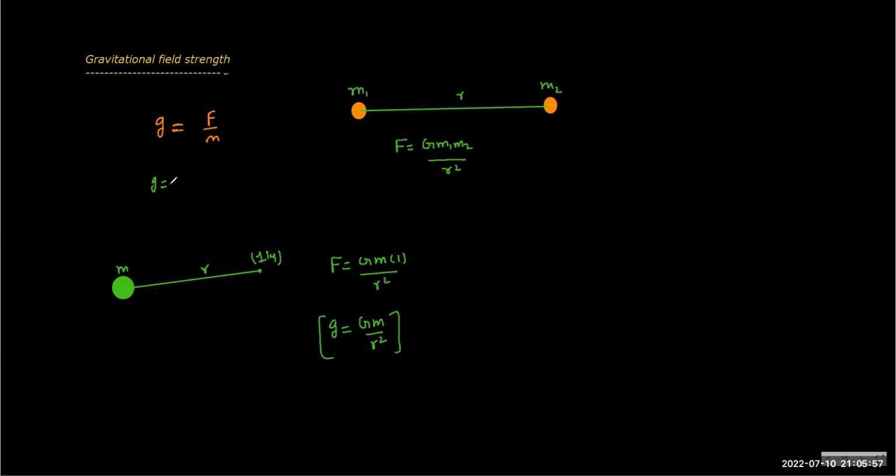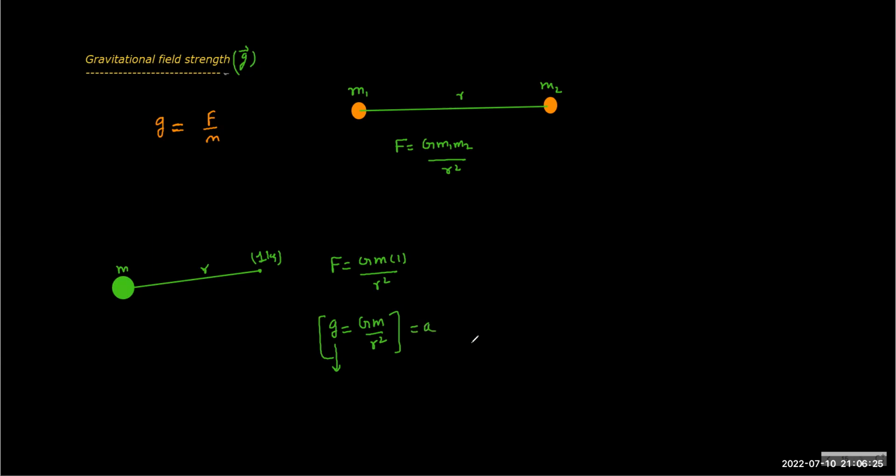So g is due to a given mass, I mean any capital mass M. Whether you have capital mass or small mass, you can ignore this part. Here g is the gravitational field strength actually. But by definition, force upon mass is also called acceleration, right? So both will match here.